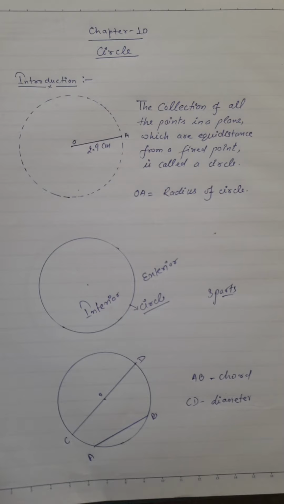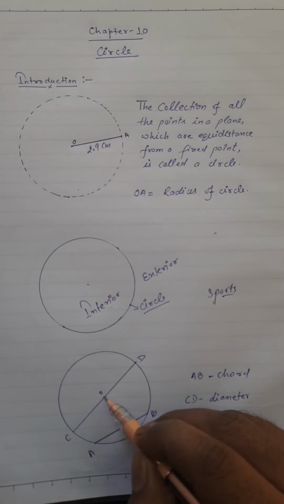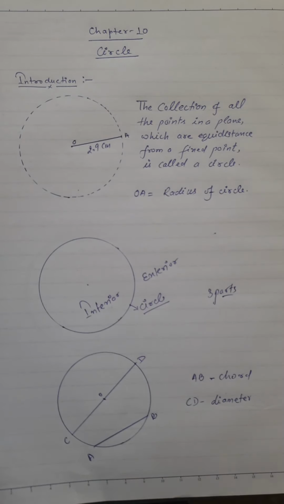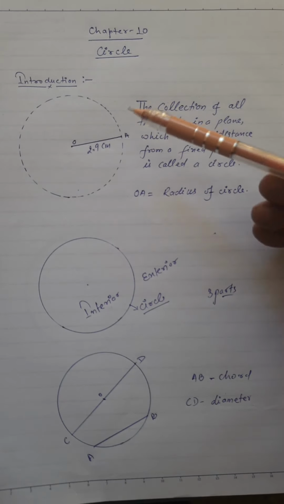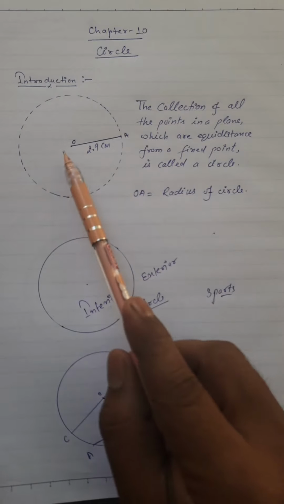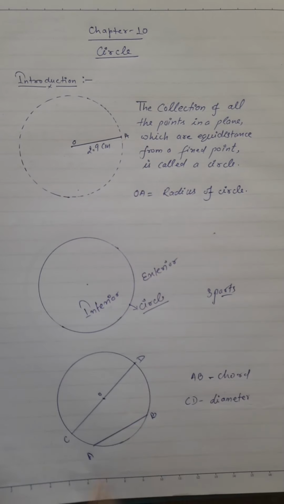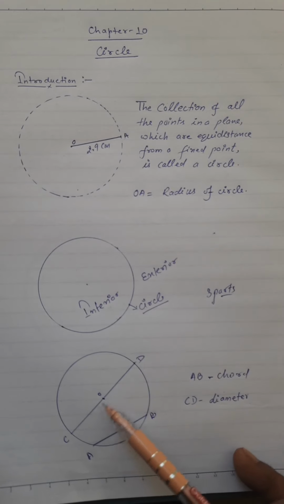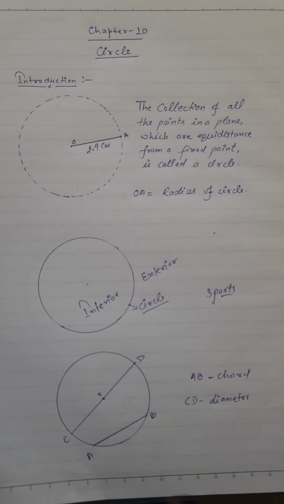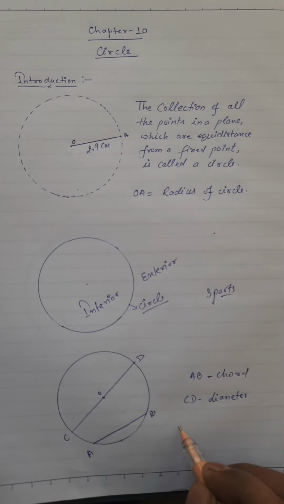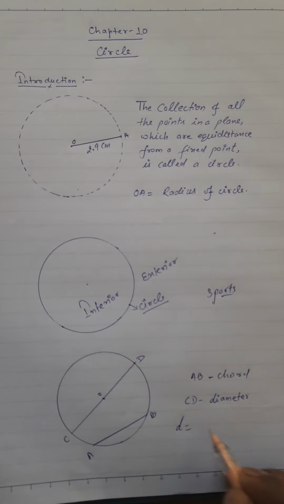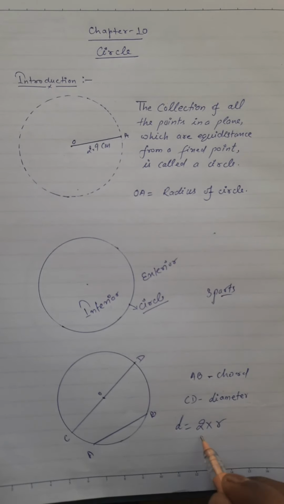If I observe the diameter and the radius, the radius is the distance from the center to any point on the boundary, and in diameter CD we have two radii. So OC and OD are two radii, which means the diameter is twice the radius. I'm writing here, the diameter, denoted by D, is twice the radius R.